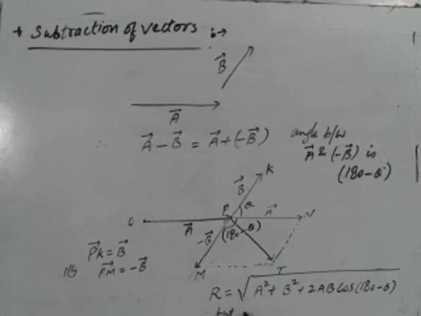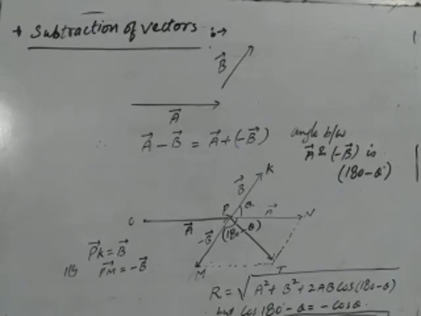But cos 180 minus theta equal to minus of cos theta. So the relation becomes R equal to A square plus B square minus 2AB cos of theta. So this is the magnitude of resultant: R equal to square root of A square plus B square minus 2AB cos theta.